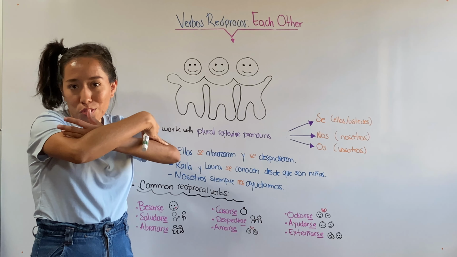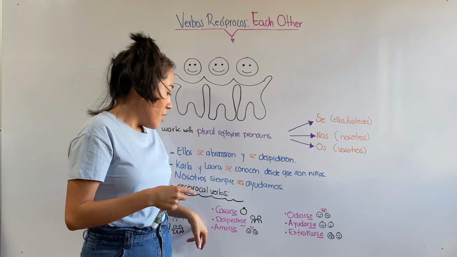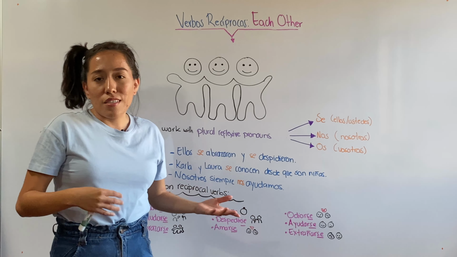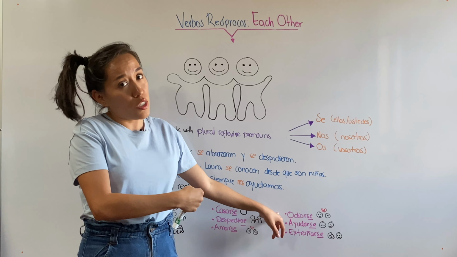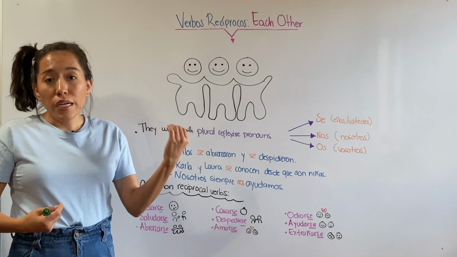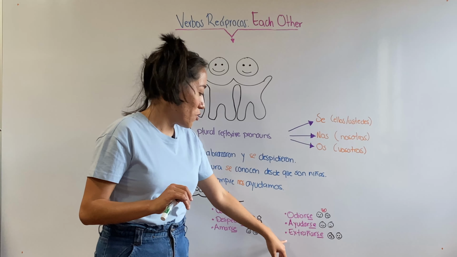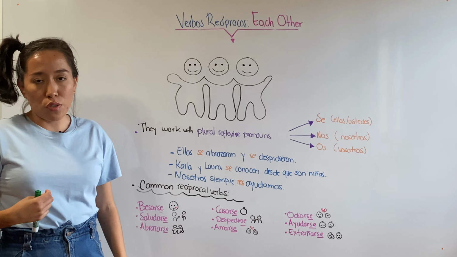Abrazarse, to hug, casarse, to get married, despedirse, to say goodbye, amarse, to love each other, odiarse, which is the opposite of amarse, ayudarse, to help each other. I can't avoid the temptation to say each other, I'm sorry. Extrañarse, to miss each other.